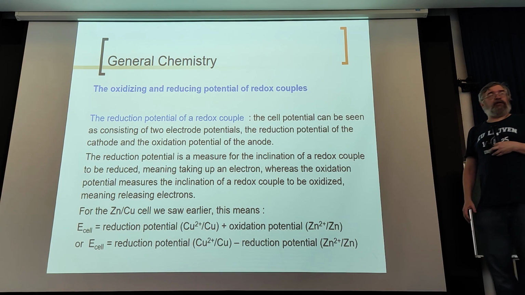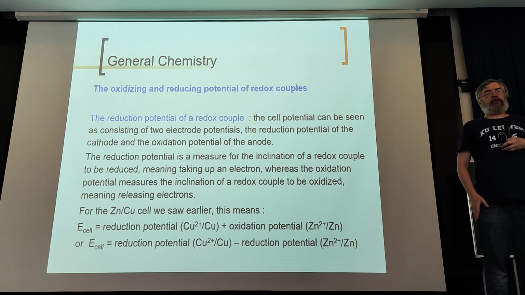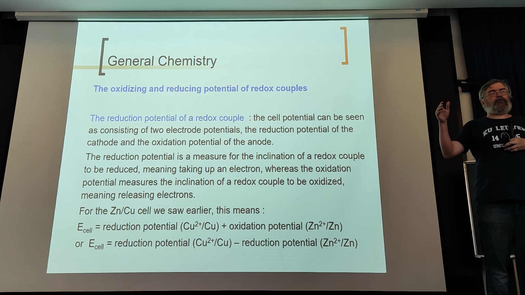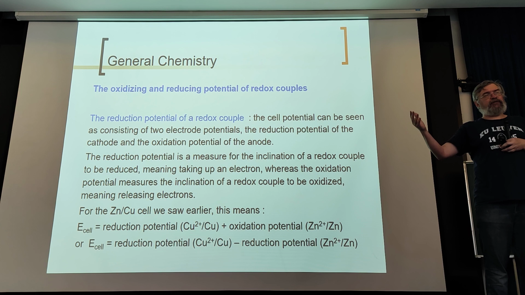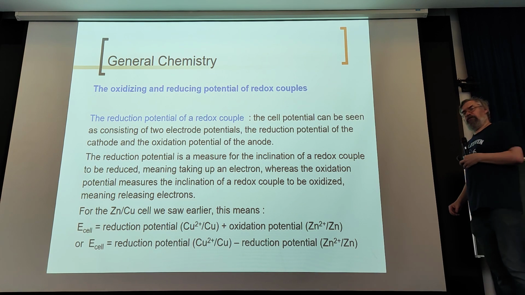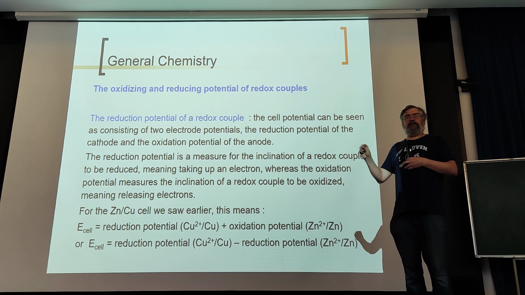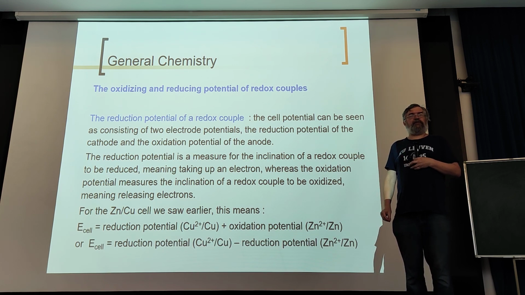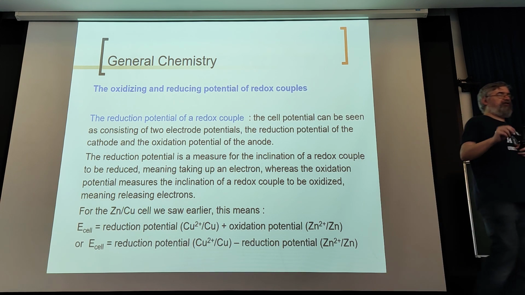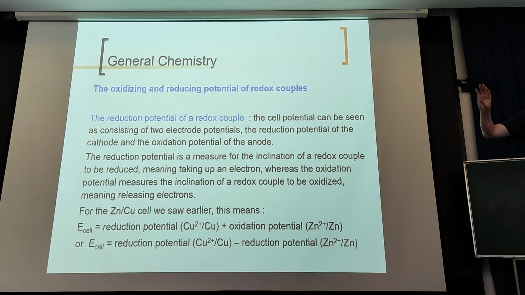For instance, a reduction potential is about the reaction of zinc 2+ plus 2 electrons giving zinc. So there's a certain potential to do that. The oxidation potential is the opposite. That's zinc going to zinc 2+ and 2 electrons. So that means it's negative. Just the sign is changing if you change the direction.